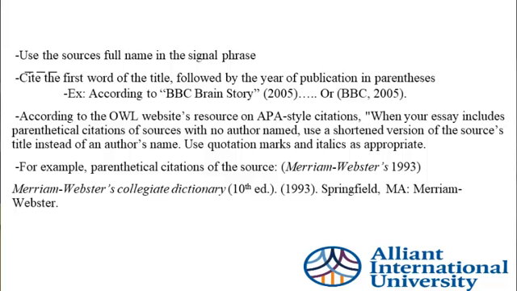You would write it as Merriam-Webster's Collegiate Dictionary, the edition, then in parentheses the year of publication, and then you would list the city, state, and the organization. That's how it would be listed in a references section.